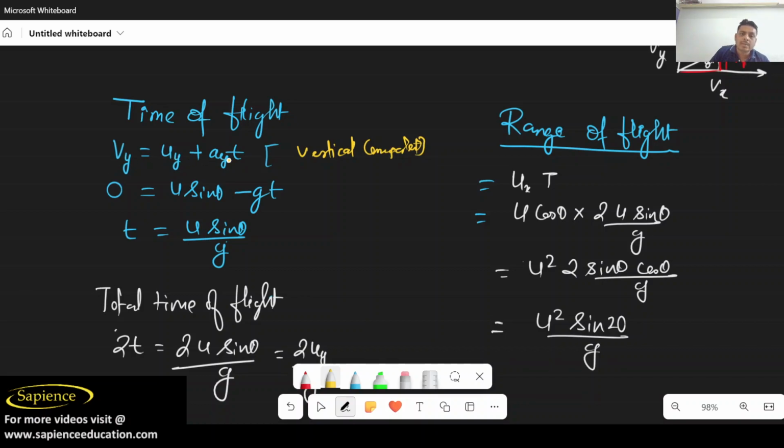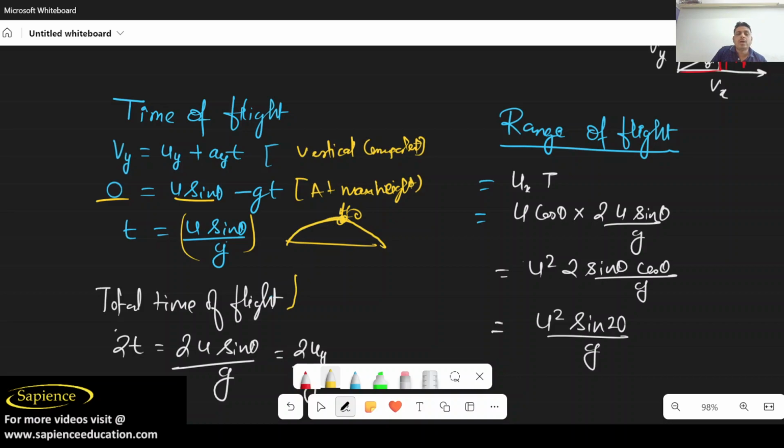Vy is equal to Uy plus Ay t. Suppose this is the projectile motion. At maximum height, the final velocity in the vertical direction will be 0. The initial velocity was u sin theta, minus gt because it is going upward. So we have got time u sin theta by g. But which time? Time of ascent.